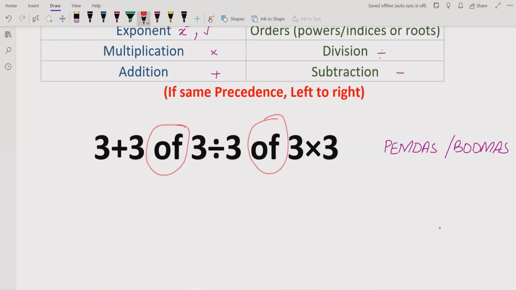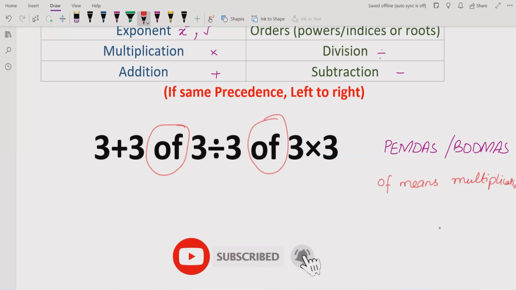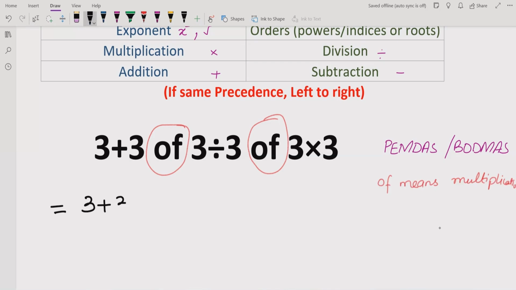We have to know that "of" basically means multiplication, multiplication of two numbers. So now we will replace "of" with a multiplication sign, like 3 plus 3.